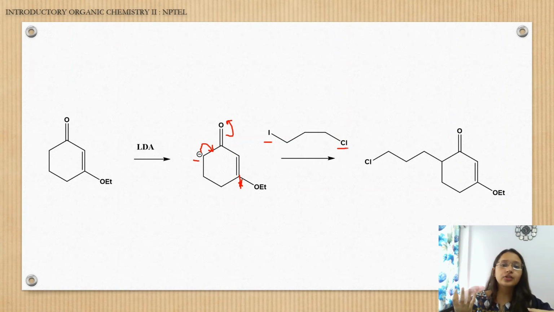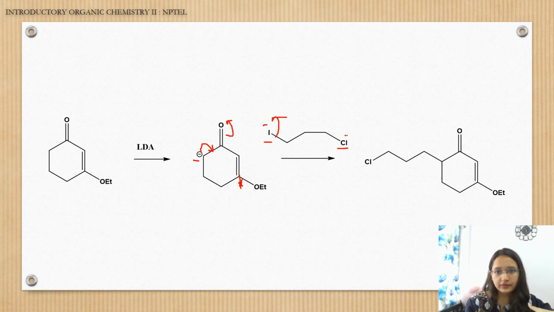So the negative charge present on the leaving group after leaving, I minus, is very much stabilized because of the large size of iodine, and that is why it is a better leaving group than chlorine. Iodine is bigger in size than chlorine, right? So it will behave as a good leaving group.